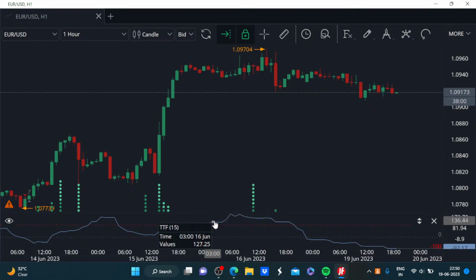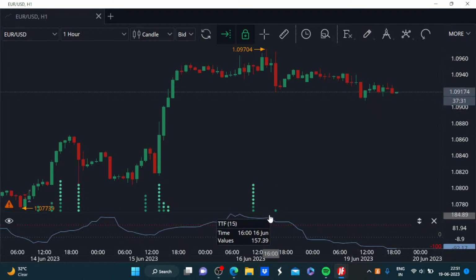After that, things remained on the bullish side for a while, but after stabilizing around this 1.097 level, the pair has started to go sideways. It hasn't declined much. It has simply traded in this narrow range of around 40 to 50 pips. But even in that scenario, even in the lack of a strongly bearish trend, we have seen the output of the TTF inching closer to minus 100. It is yet to drop below minus 100.